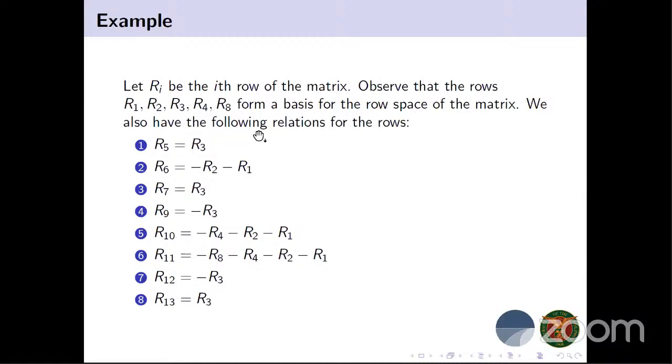And then we have the following relations. For the remaining vectors, we have R5, R6, R7, R9, and then until R13. So we can actually write these reaction vectors in terms of the linearly independent set of elements.